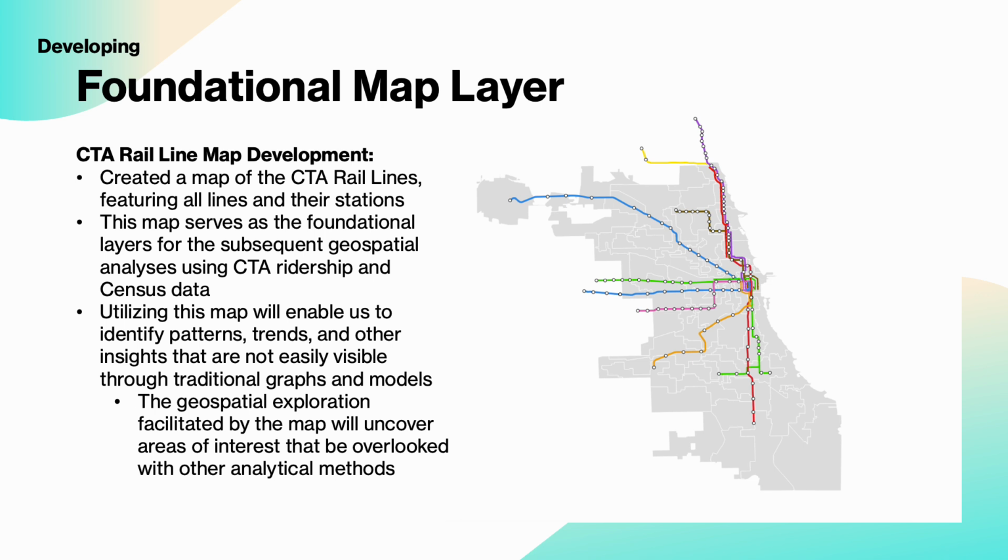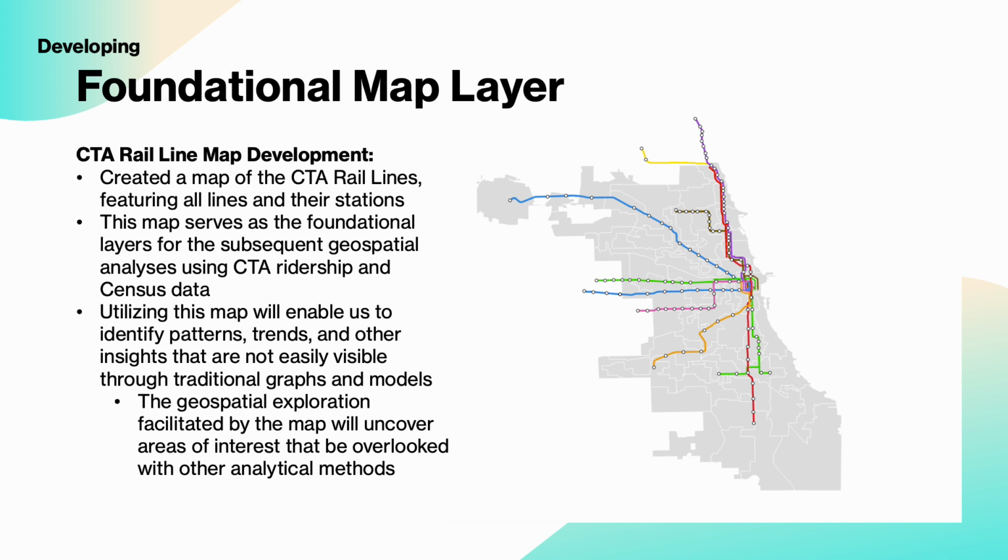The purpose of this was to develop a foundational map to serve as, like I said, the anchor when visualizing or overlaying the other geospatial ridership data and census data.